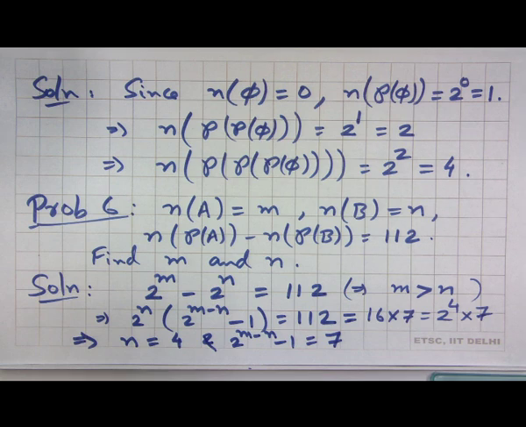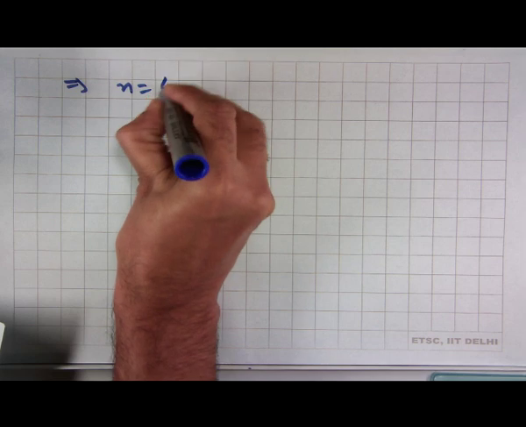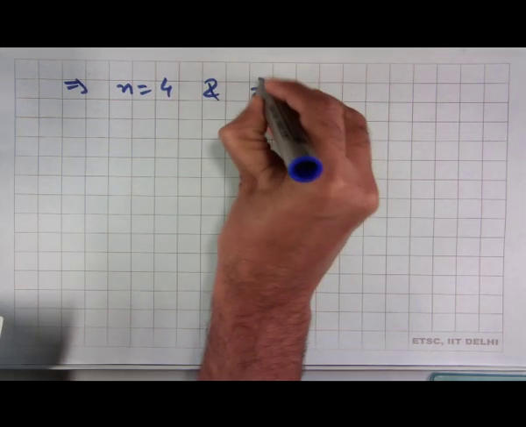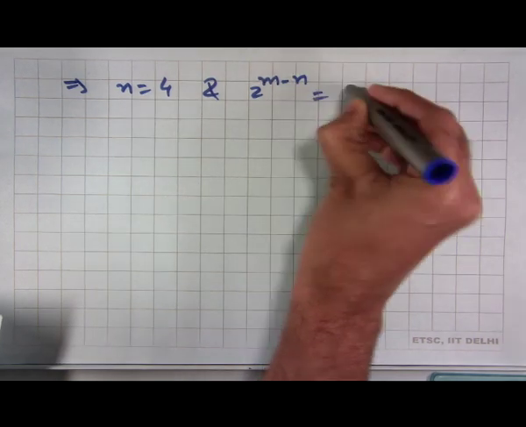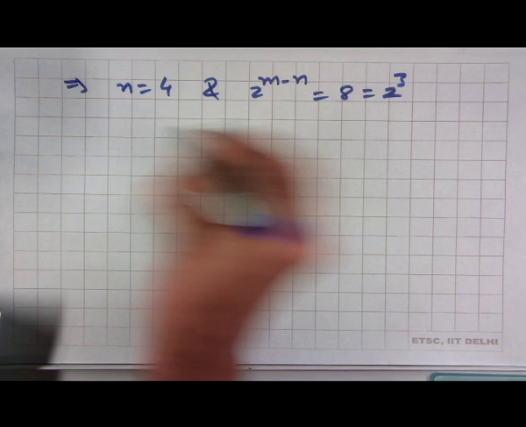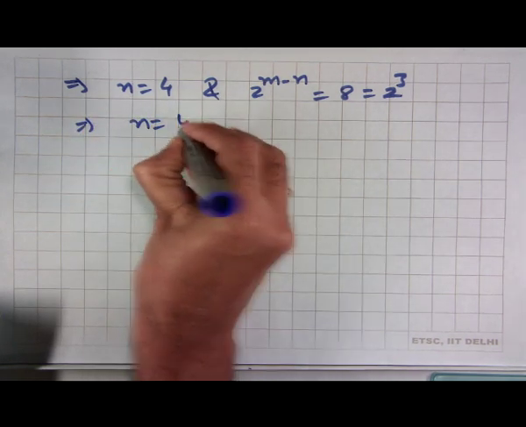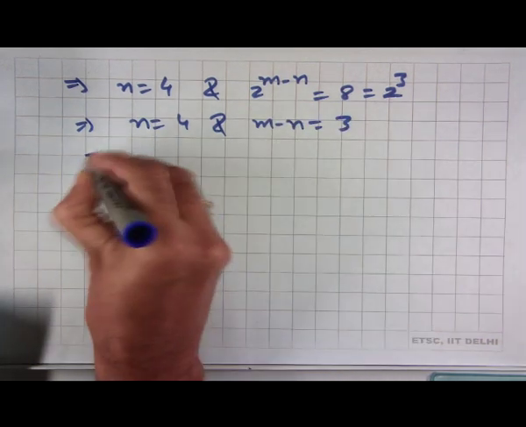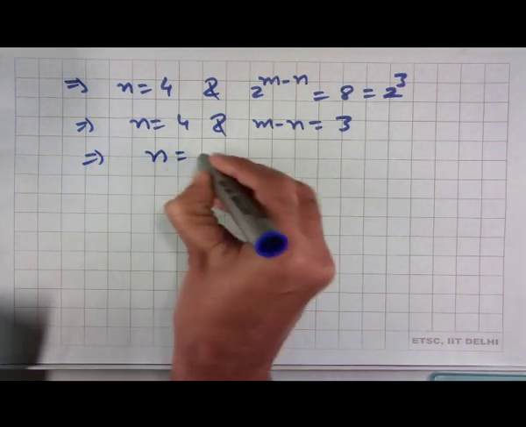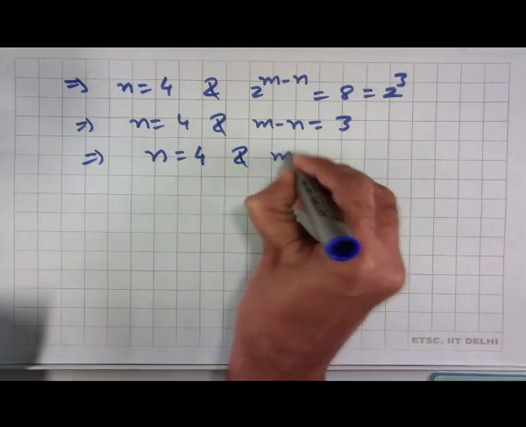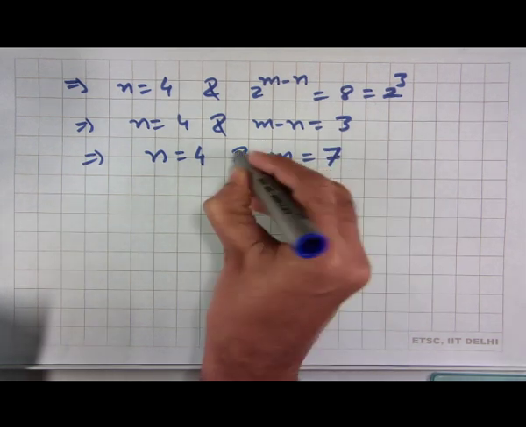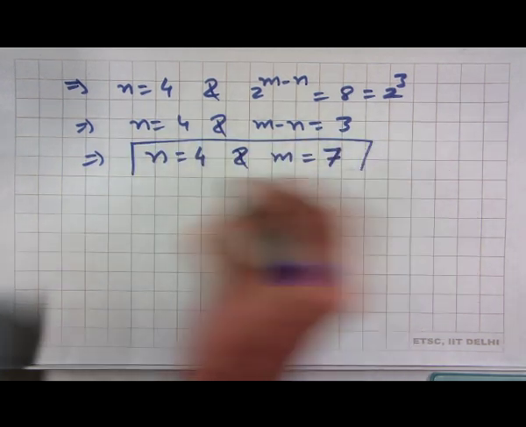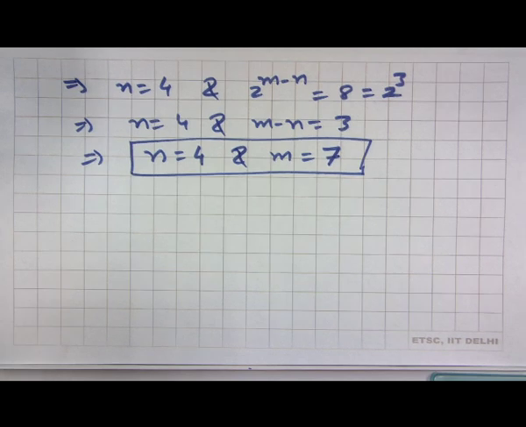So, that means that 2 to the m minus n is equal to 8, which is 2 cubed. So, this implies n equal to 4 and m minus n is 3. So, n is equal to 4 and m is equal to 7. This was problem 6.